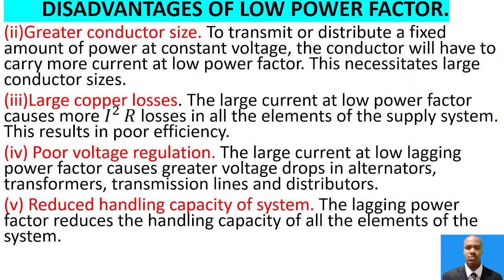Then the voltage regulation is improved by having minimum voltage drops in the transmission line. So you can simply say the voltage drop in the transmission line decreases, which results in a better voltage regulation. Then the other advantage is the efficiency of every generating station increases.